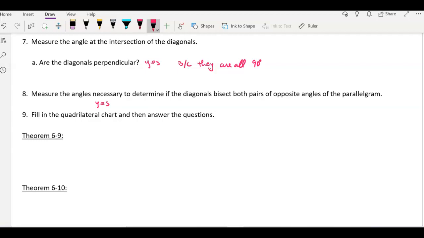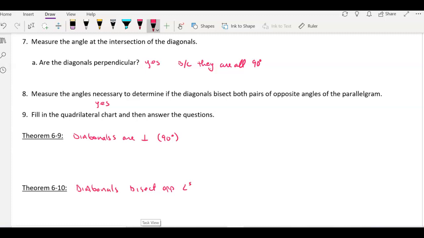So the next two theorems that we're going to have with a rhombus are, one, the diagonals are perpendicular, meaning they create 90-degree angles at the center. And then we could also say the diagonals bisect opposite angles.